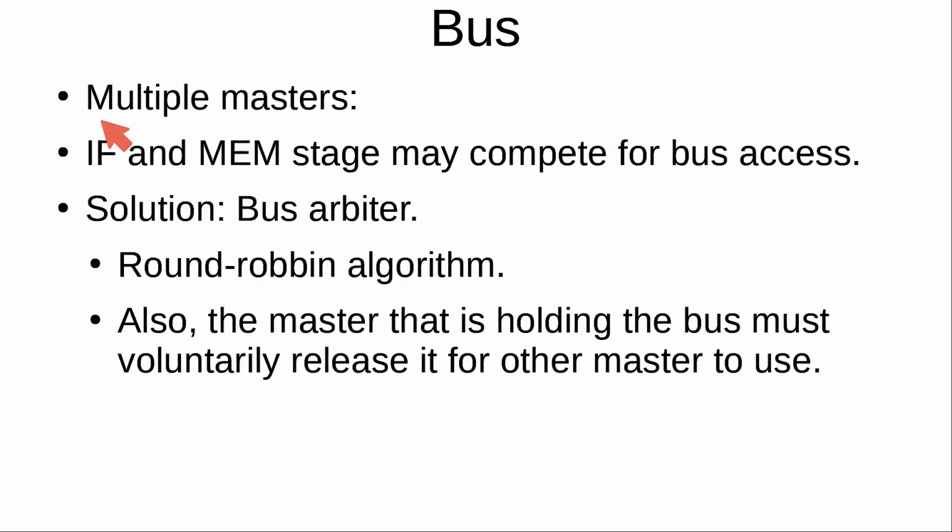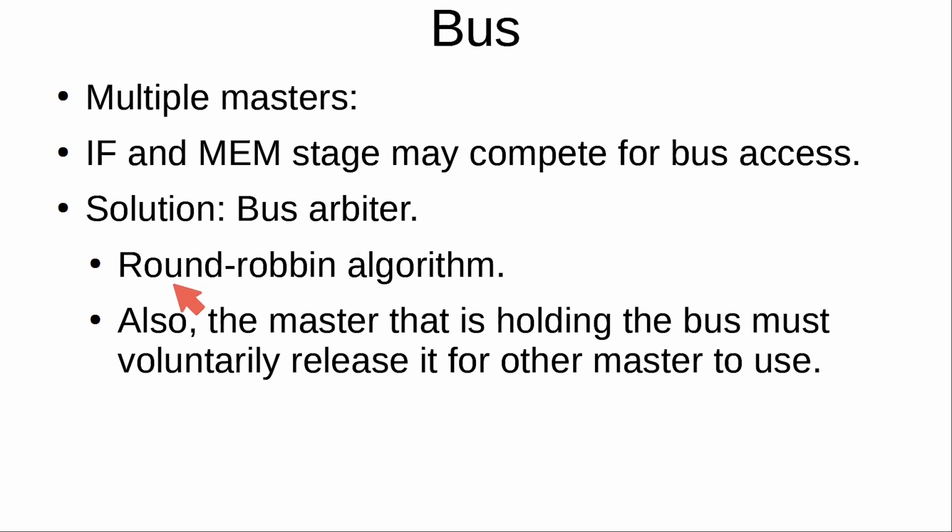The bus can have multiple masters as well. In our design, the 2 masters are the instruction fetching stage and also the memory stage. These 2 stages may compete with each other for the bus access. And the solution for this competition is to use a bus arbiter.